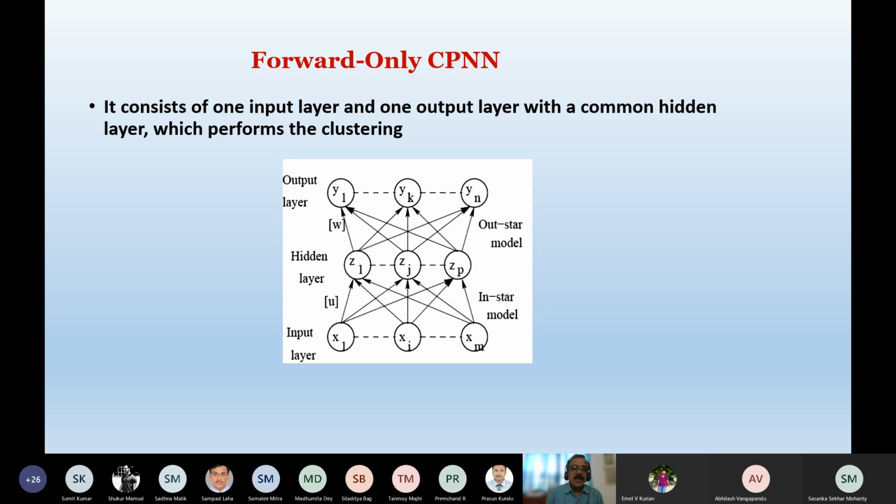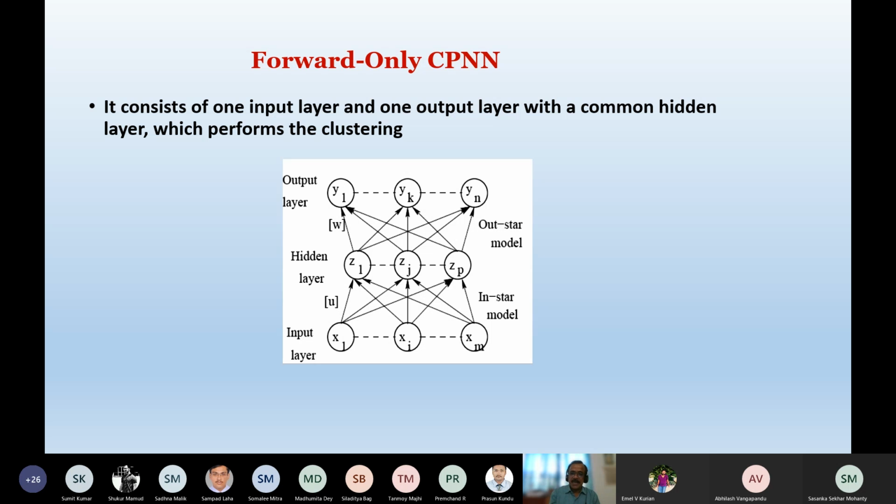Before I solve this numerical example, let me concentrate on the principle of forward only CPNN. Remember one thing: this forward only CPNN consists of only one input layer, one output layer, and a common hidden layer between these two. Let me point out the difference.